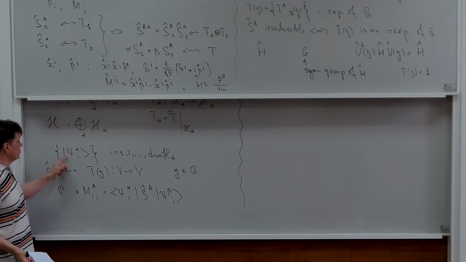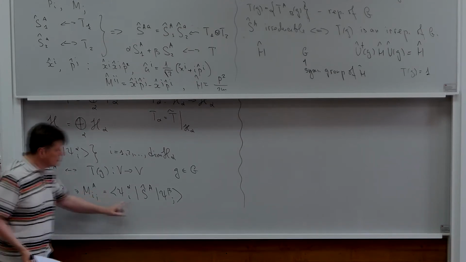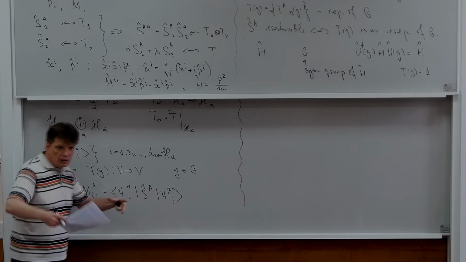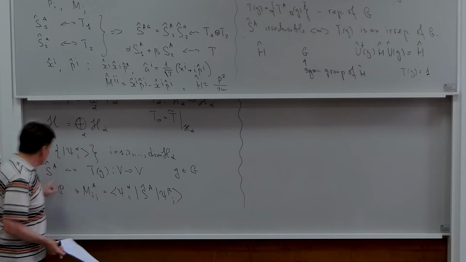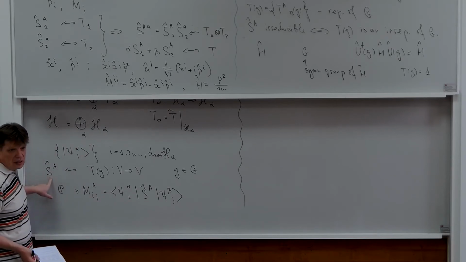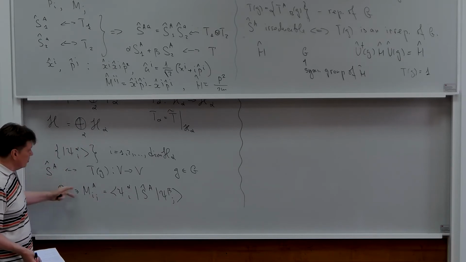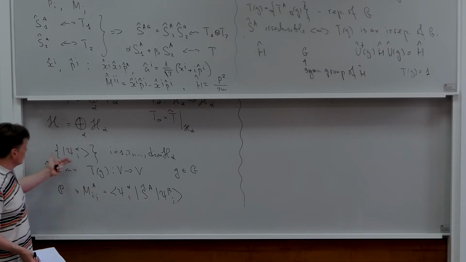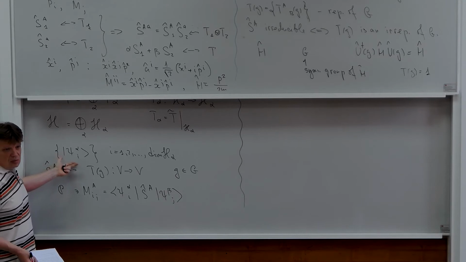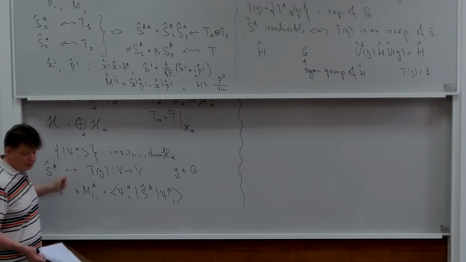So I take some basis vectors and make a sandwich with these vectors and the tensor operator S_A. I get some matrix elements of these operators S_A with respect to the chosen basis psi alpha i.